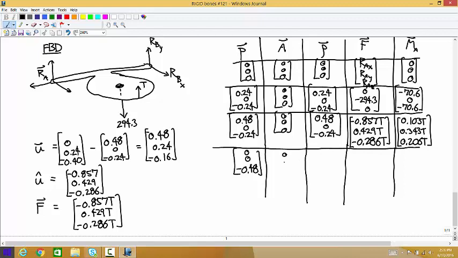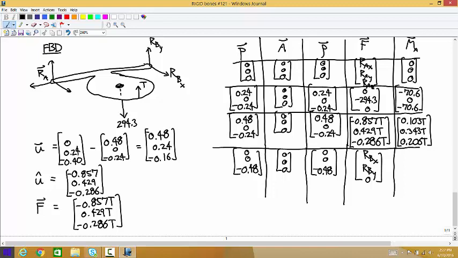The about point is the origin. Row vector is 0, 0, negative 0.48. The force vector, there's no x component. Oh, there is an x component. There's no z component. So RBX, RBY, 0.